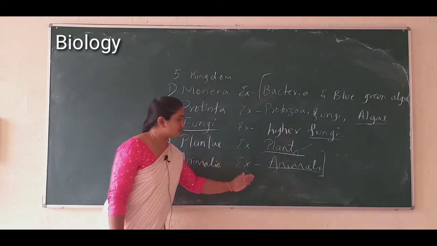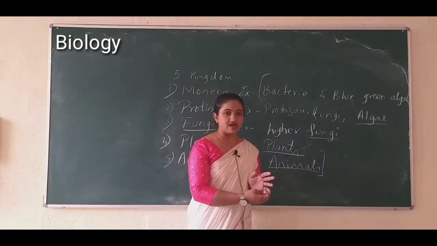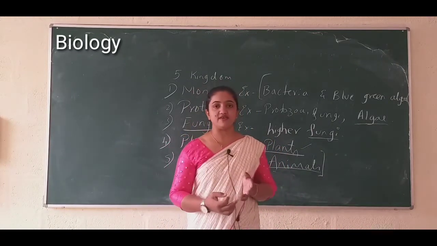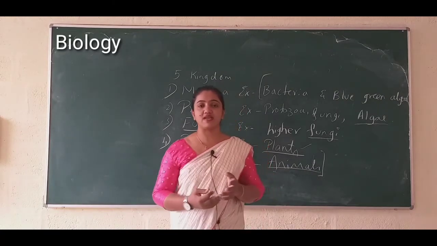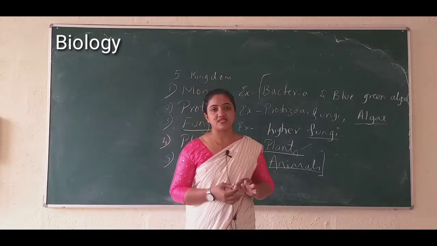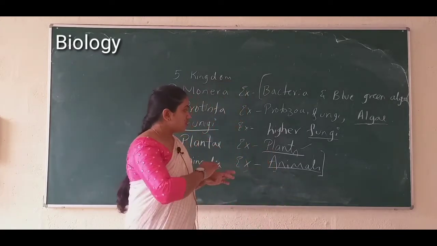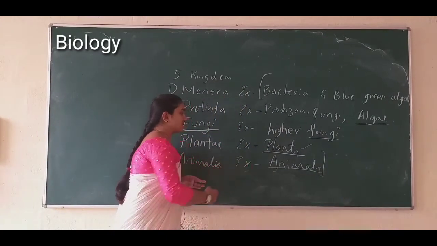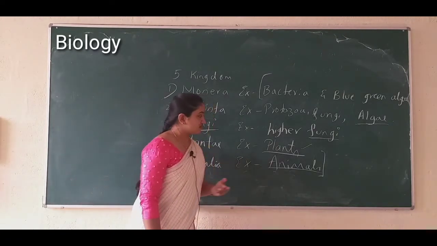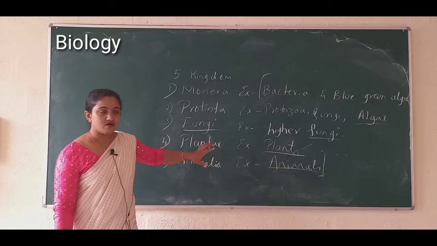We have a number of classifications based on their habitat, or how they feed on other organisms, or based on having mammary glands, or based on the presence of placenta. Based on all these, animals are also classified into different types.